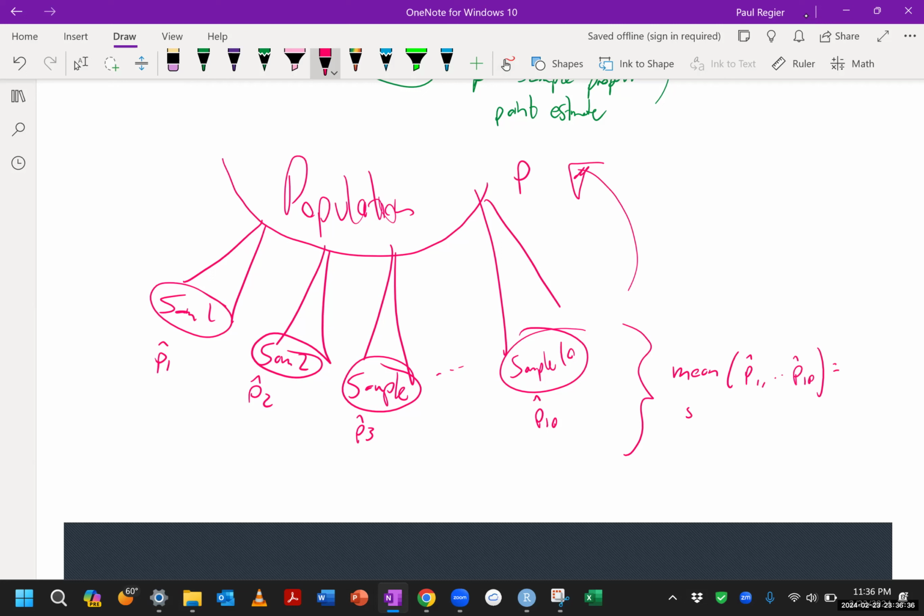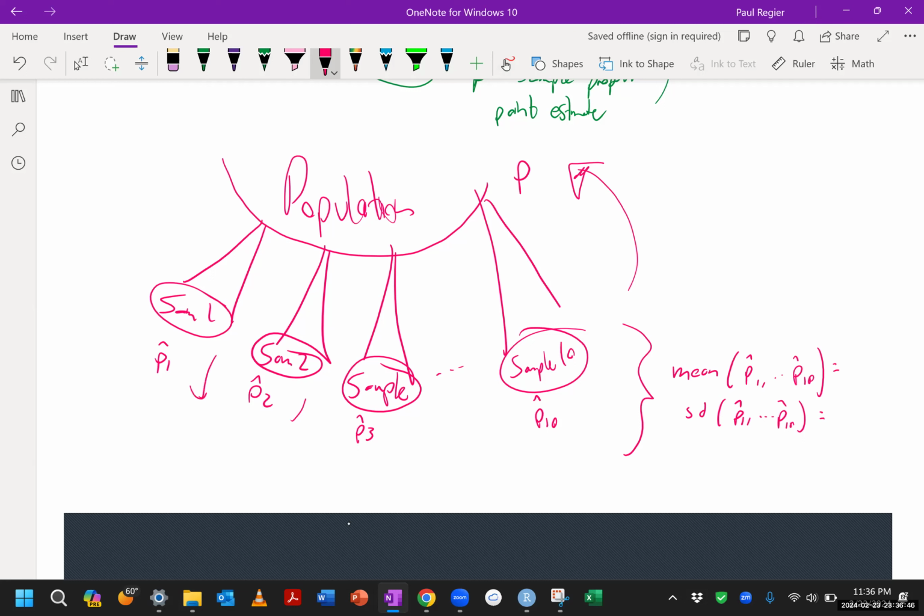Moreover, I can find the standard deviation of all these, and whatever that is, it tells me something about the spread of my data. So if I put all these onto a histogram, a histogram of the p hat i's, I'll get something that looks like this.